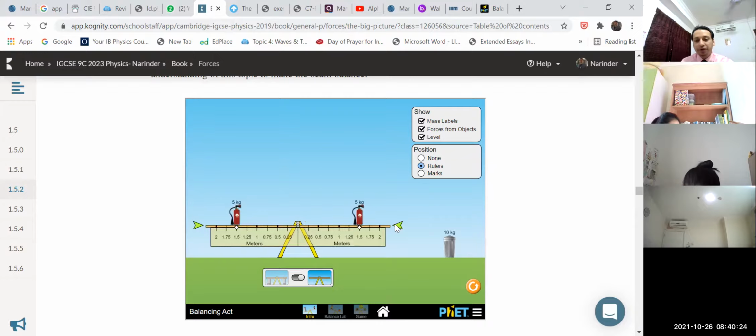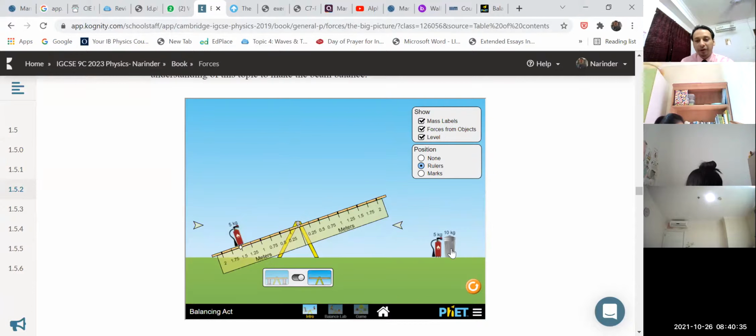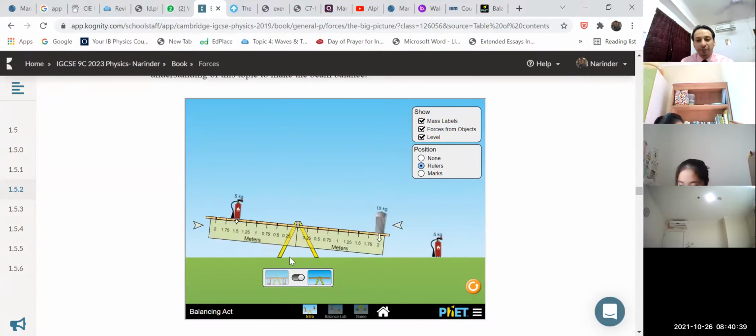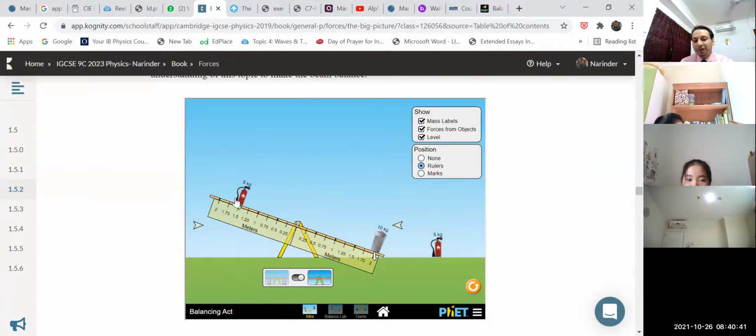So these are the situations, children, where you can find out how to make balance. Suppose instead of taking 5 kilogram, I take 10 kilogram placed here. Is there any situation where I can balance this 10 kilogram with 5 kilogram, children?